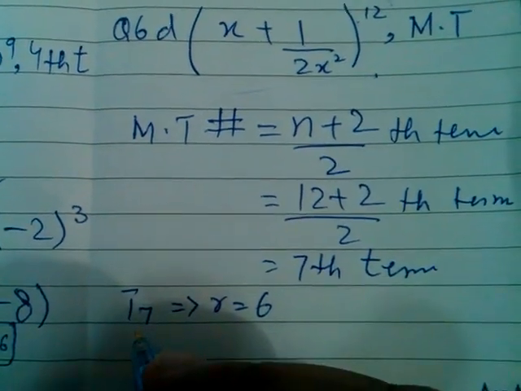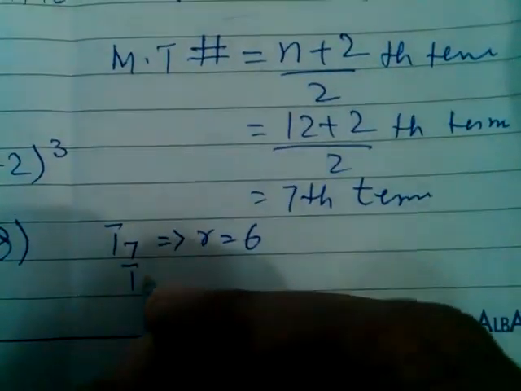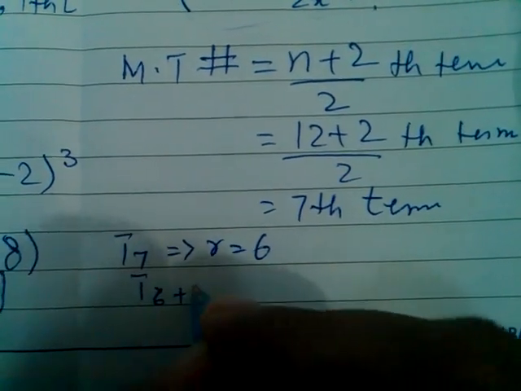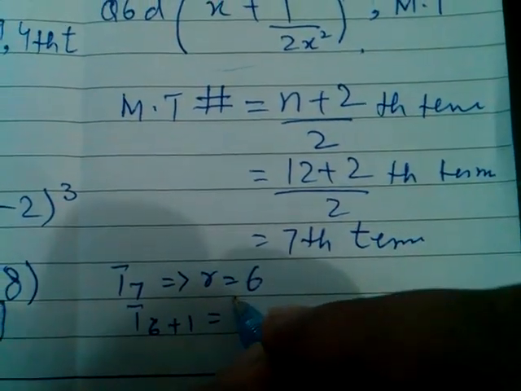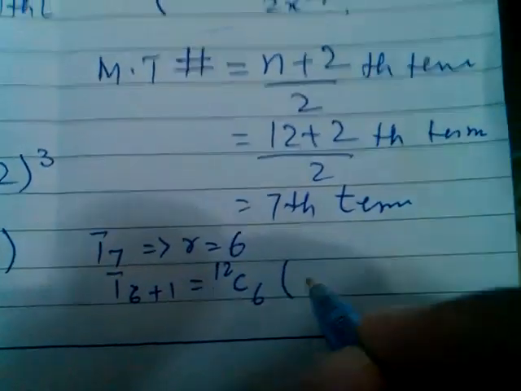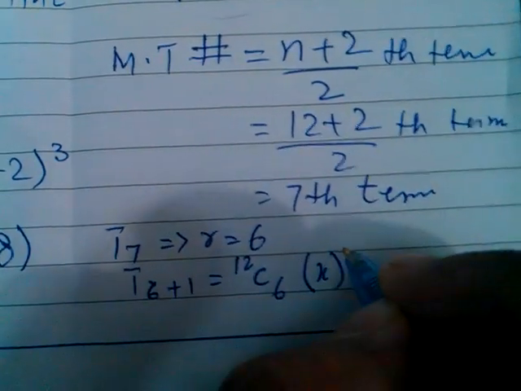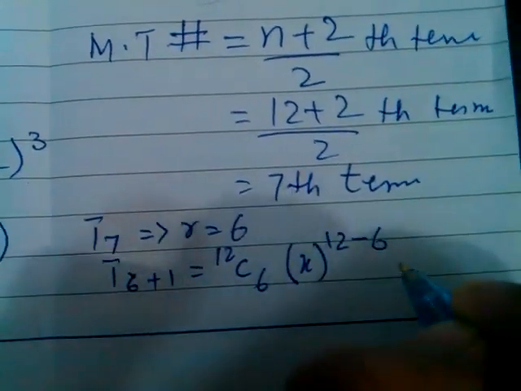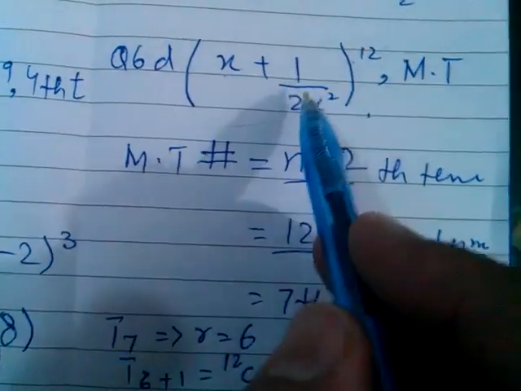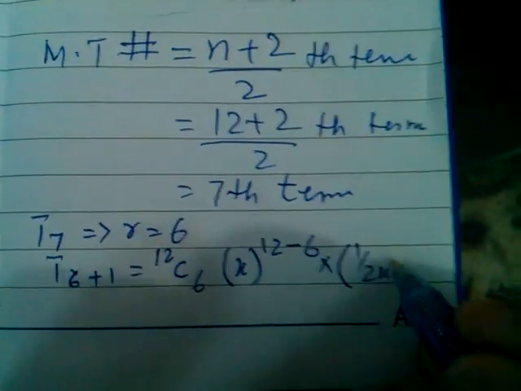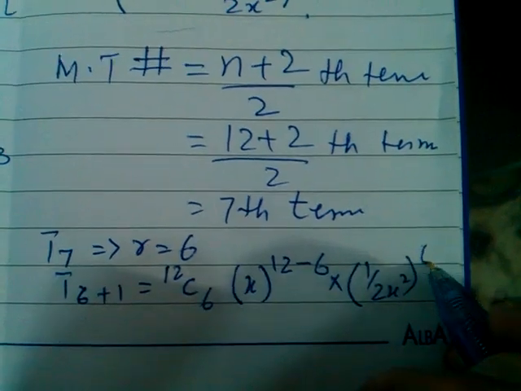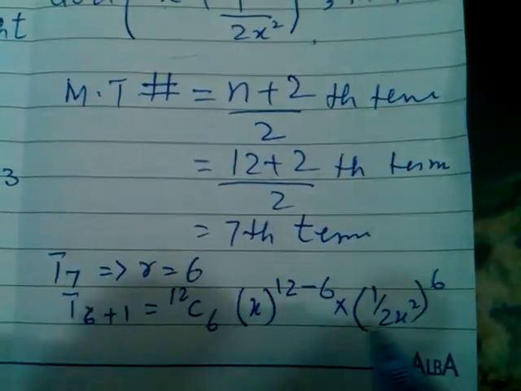So I am applying my general term formula: T r plus 1 equals n, what was n? n was 12, 12C6 into a, a is x, power n minus r, into b, what is b? 1 over 2x square, so 1 over 2x square whole power 6. b power r is the thing. So this I have written.